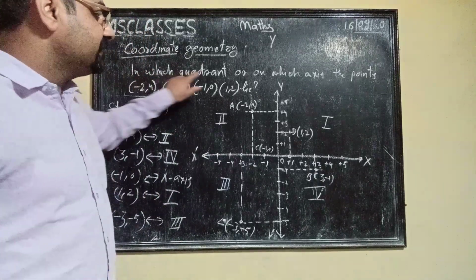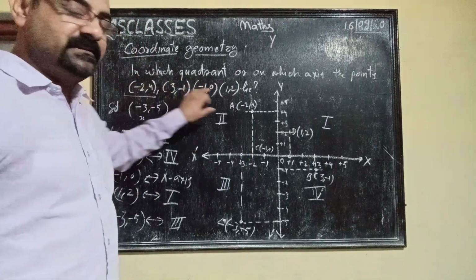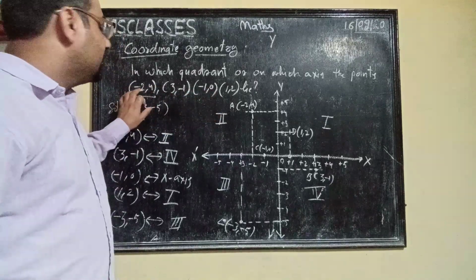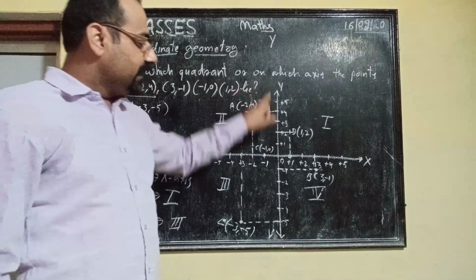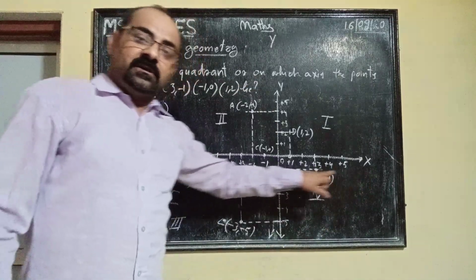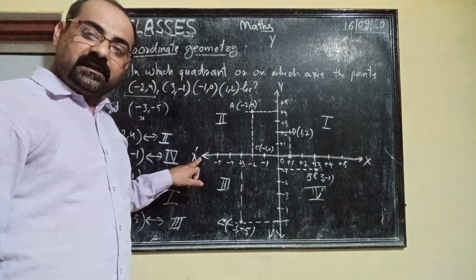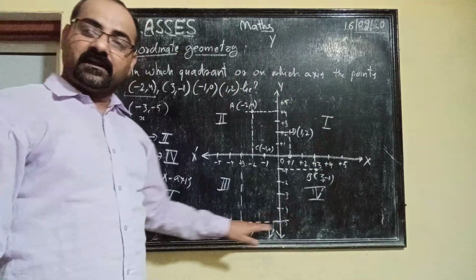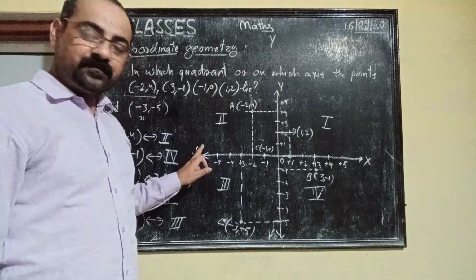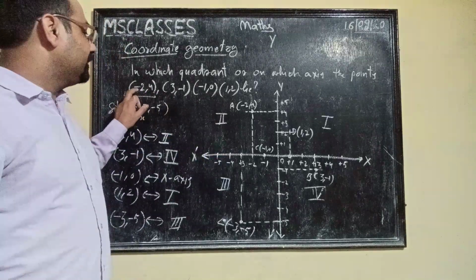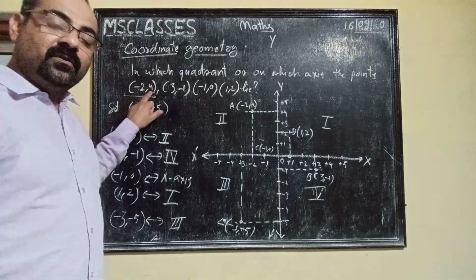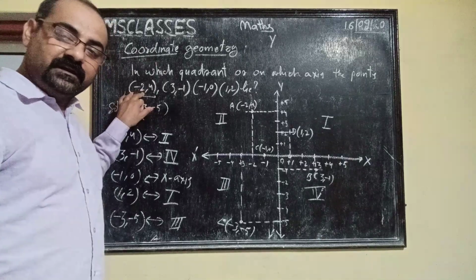You have to write the question and see how many points there are and what the maximum value of x and maximum value of y is. According to that, you have to plot mutually perpendicular lines, and these lines are the Cartesian plane or coordinate plane.